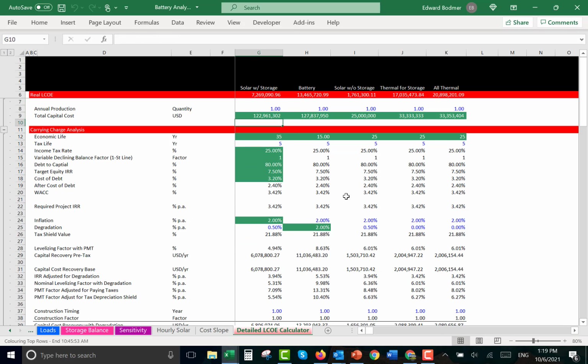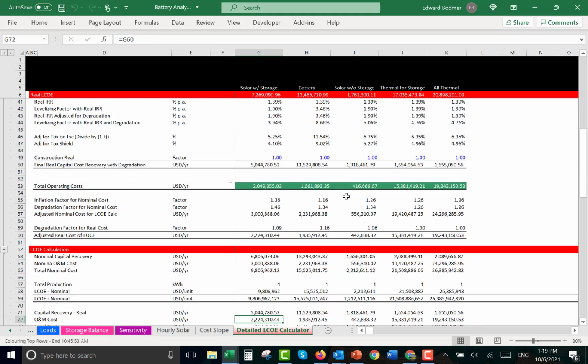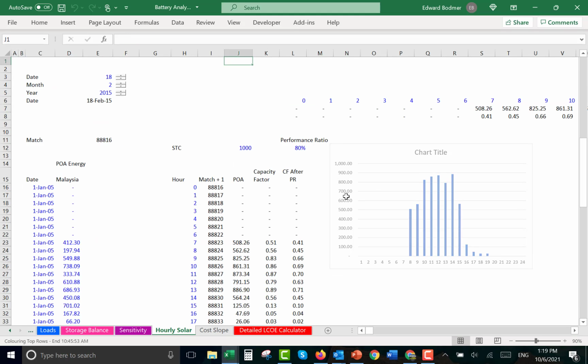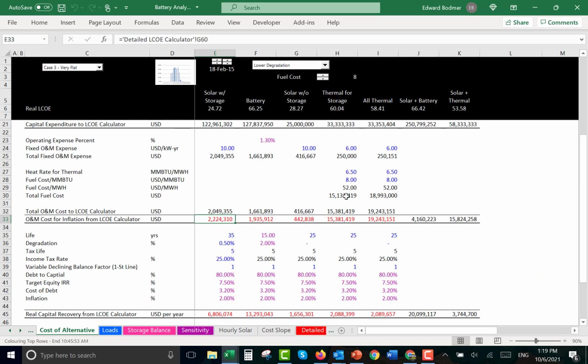We put in the capital cost, we put in some of the financial operating assumptions, we get back the nominal capital recovery and then the real capital recovery. We put in the operating costs, and then we get back the real adjusted costs. And once you have that, you're just about finished. And here's why you're just about finished.